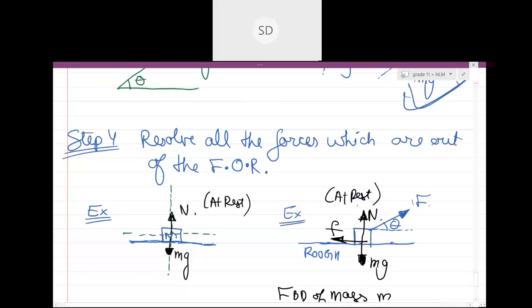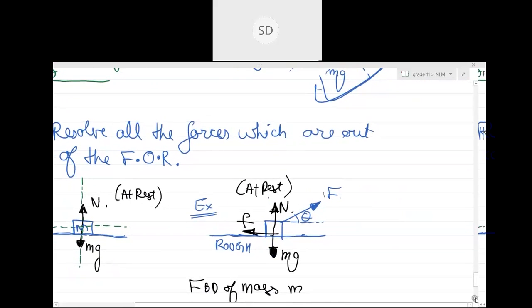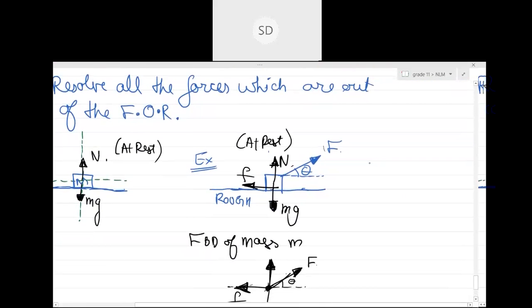How will you choose the frame of reference? You have two different choices. I can choose a frame of reference like this, and I can choose a frame of reference like this.